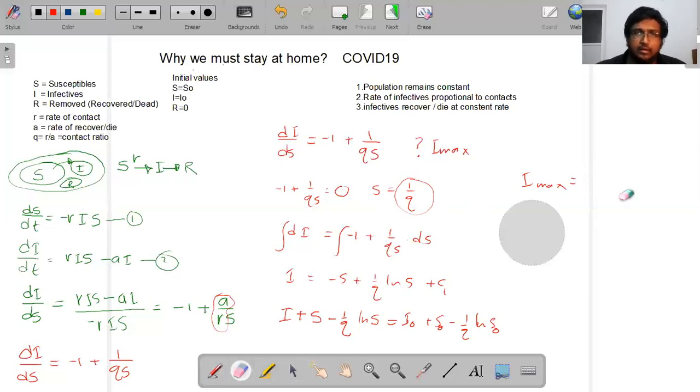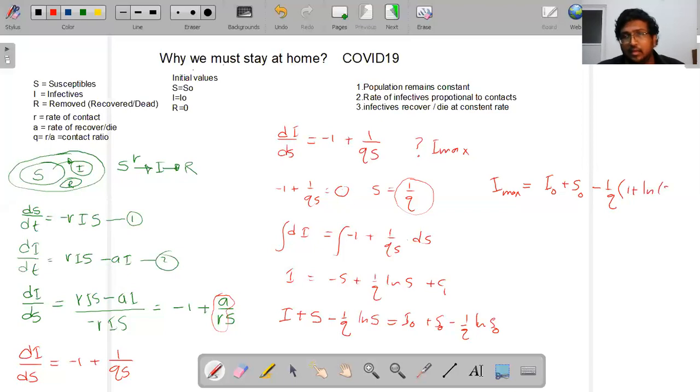You can write down somewhere here, I max value is equal to I naught plus S naught minus 1 over Q times 1 plus ln QS naught, right? Okay, actually this part is our population. This is the total population.